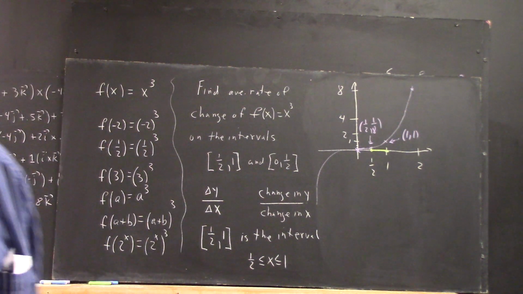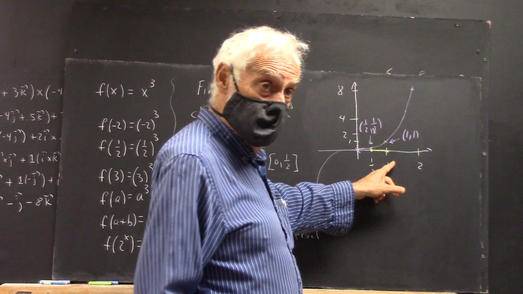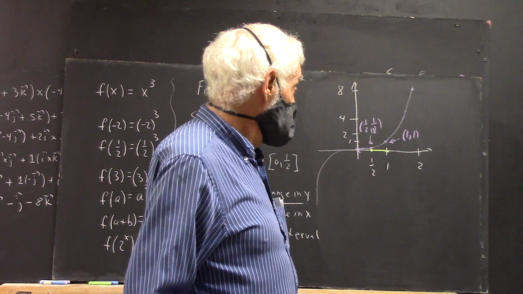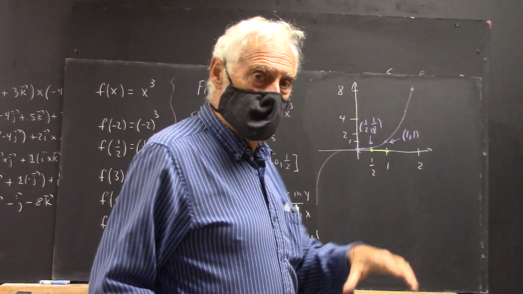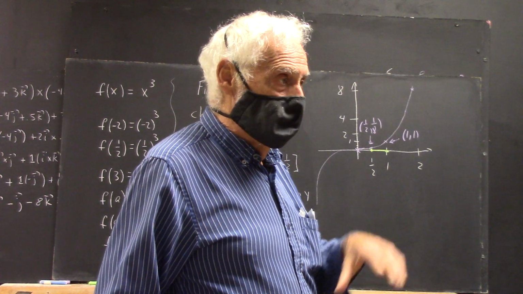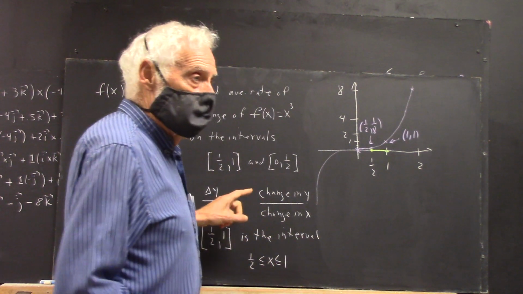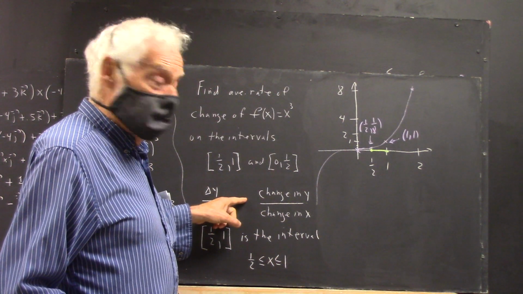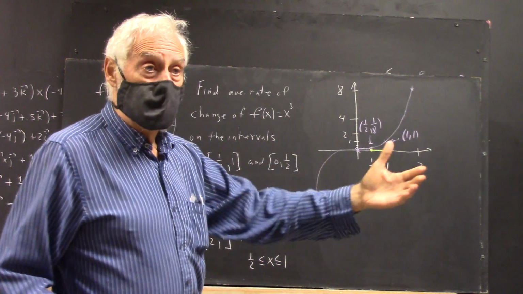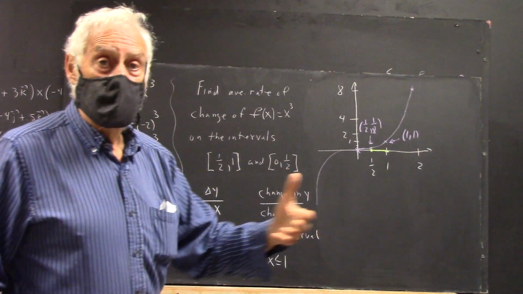Between these 2 points, which are the endpoints of this interval, now I'm going to ask you to tell me what the arithmetic is for the change in y divided by the change in x. In other words, what's the change in y? Write that down. Change in y is what minus what? Change in x is what minus what?